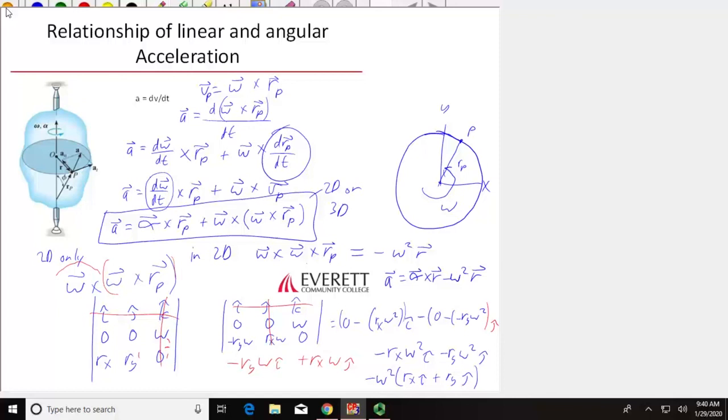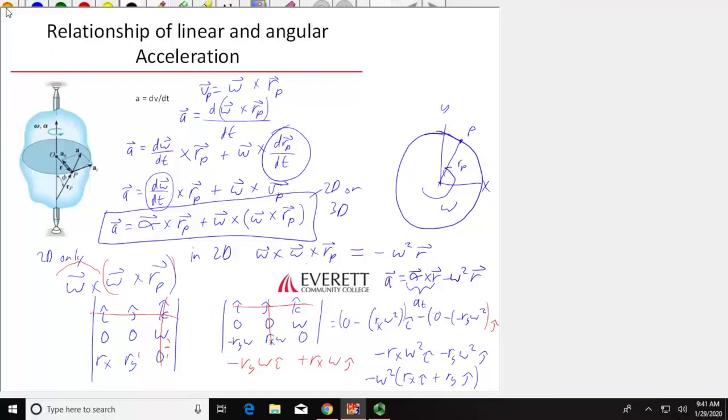So if you were that particle and this thing started rotating faster, it would make you feel like somebody just hit the gas, right? How far you are from the axis of rotation, it would be more or less acceleration. This component is tangential acceleration. Alpha cross r is the tangential acceleration. This is just in 2D. The only thing that changes in 3D is omega cross omega cross r instead of the shortcut.